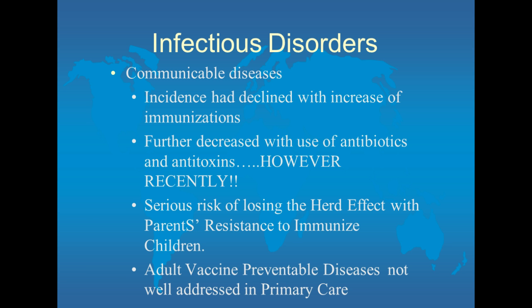So, communicable diseases. The incidence has declined with the increase of immunization, so we're really doing much, much better. People in this day and age really do not appreciate what an epidemic is.